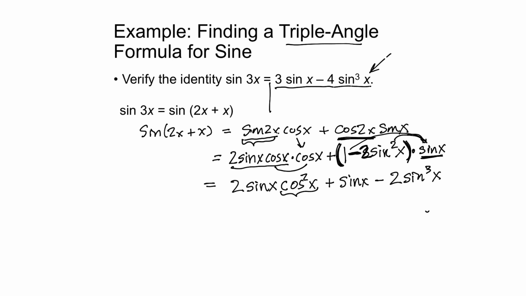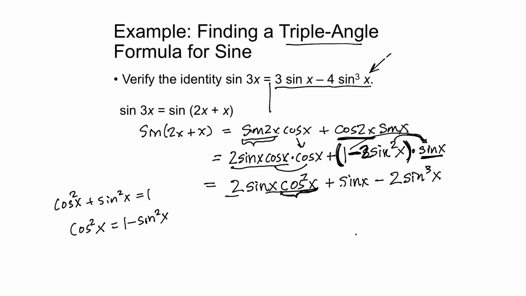So can I rewrite that in terms of sine? Can I convert that cosine into a sine somehow? If you remember the Pythagorean theorem, cosine squared x plus sine squared x is equal to 1, so cosine squared x can indeed be rewritten as 1 minus sine squared x.